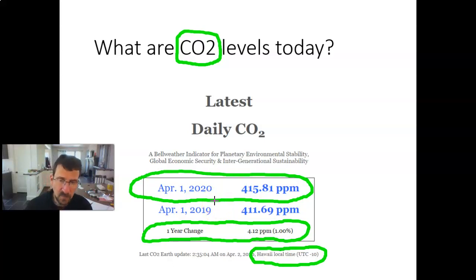Okay, so let's do a quick wrap up here before we're done with this particular video. We've talked about how global temperatures have changed through Earth's history. We've looked at temperature change in recent history, and now in this second part we've looked at carbon dioxide levels and other greenhouse gases.